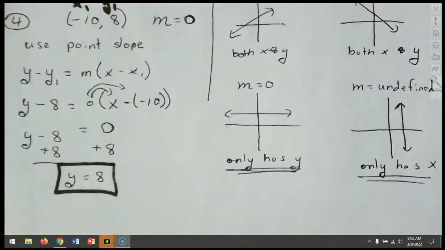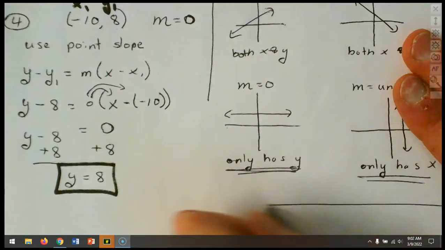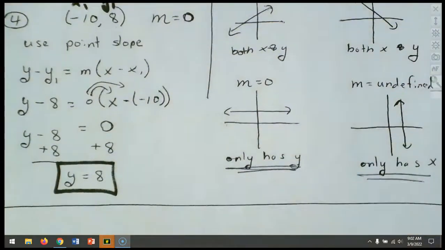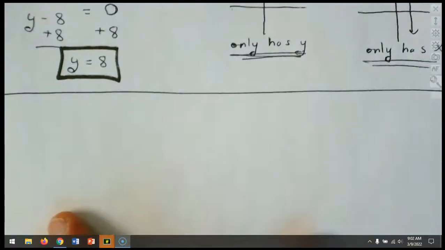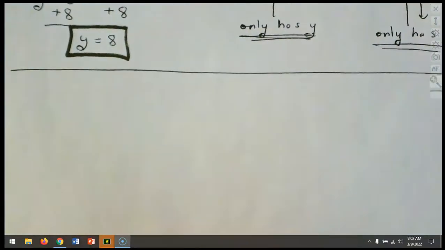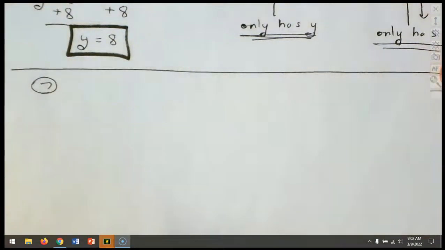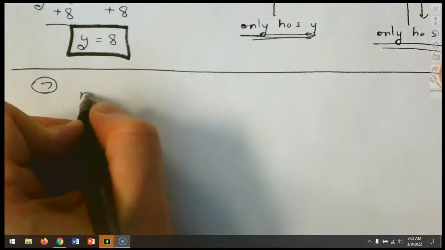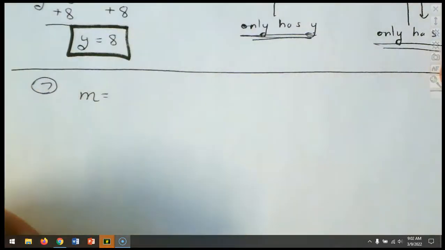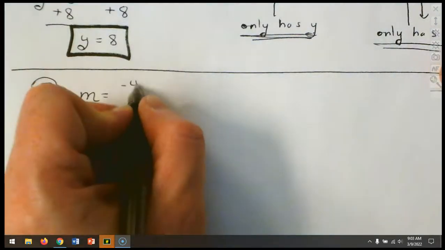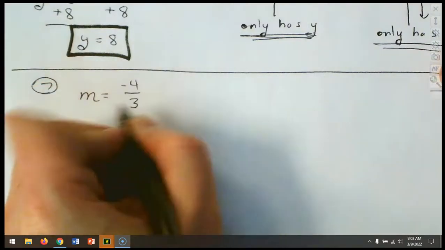I wanted to pick this one just to kind of review vertical and horizontal lines again. Nobody asked about it, but I thought that one was a good one for us to look at. We did ask about question 7. And question 7 is m equals minus 4 thirds.